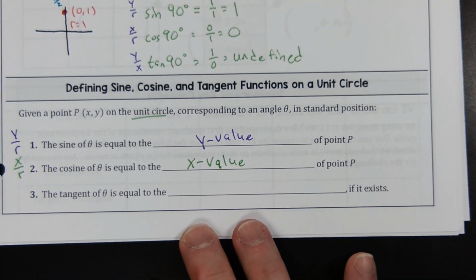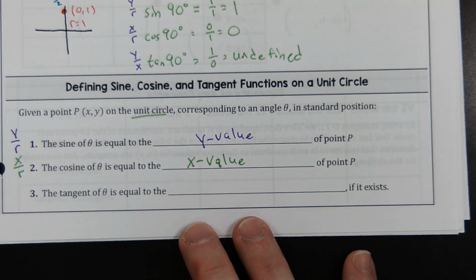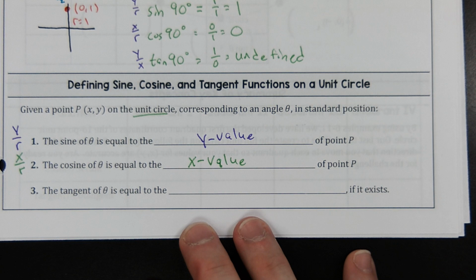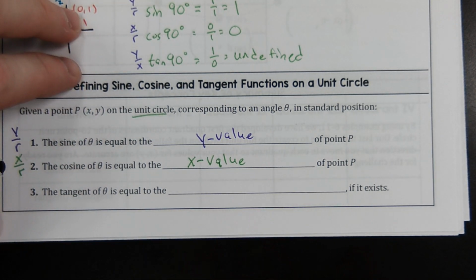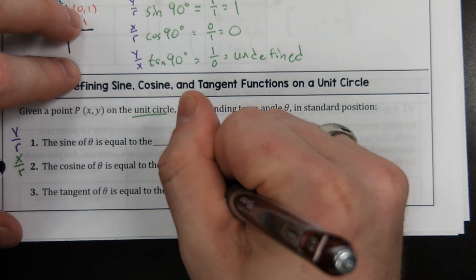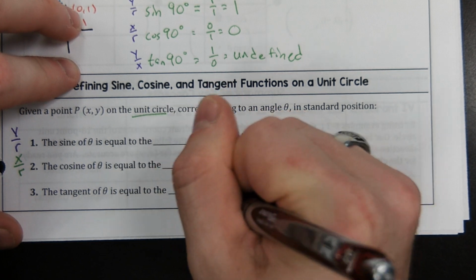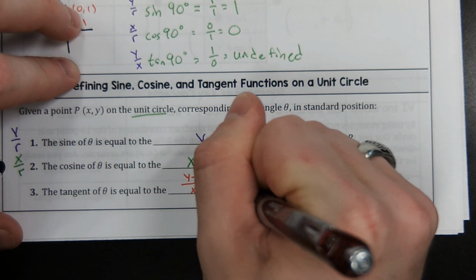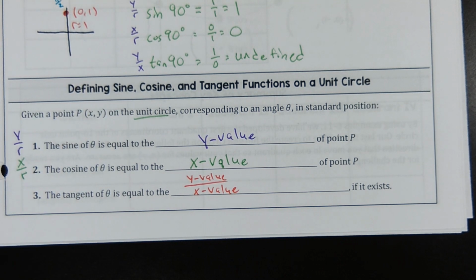And tangent is equal to the y value divided by the x value, if it exists, obviously, because sometimes the x value is 0 and you can't divide by 0. The radius can never be 0. So sine and cosine are always defined. But tangent can be undefined every now and then.